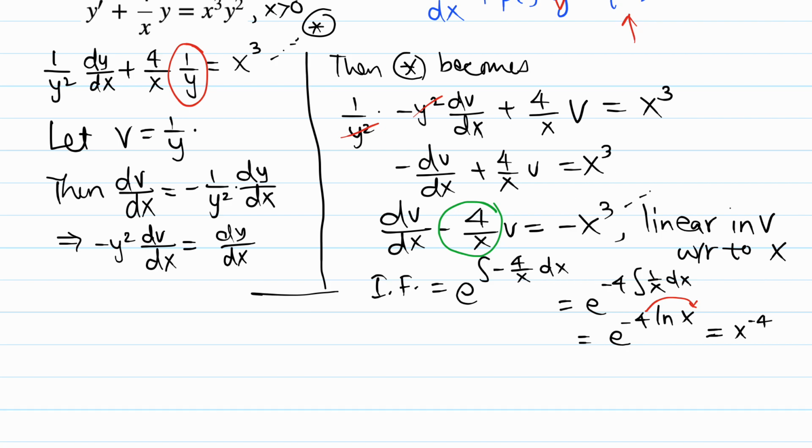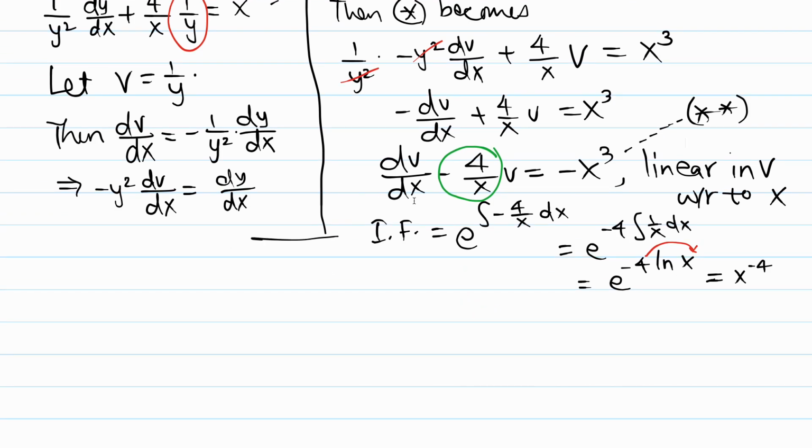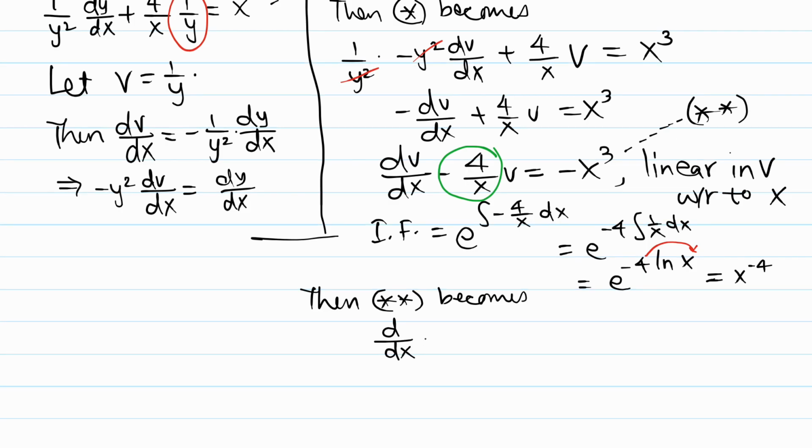Now this linear equation, let's say star, double star. After we find the integrating factor, we multiply both sides by the integrating factor, and as we've done before, the equation double star becomes, on the left side, the derivative of the dependent variable times the integrating factor.